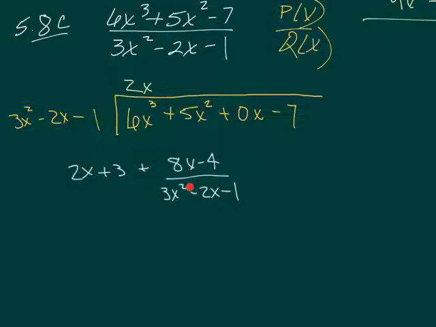Now notice what happens, and this will always happen. Now my fraction, the degree of the numerator is less than the degree of my denominator. That is the only reason I did this long division here, so that I would get a fraction where the degree of my numerator is less than the degree of my denominator, because it pulled this out.